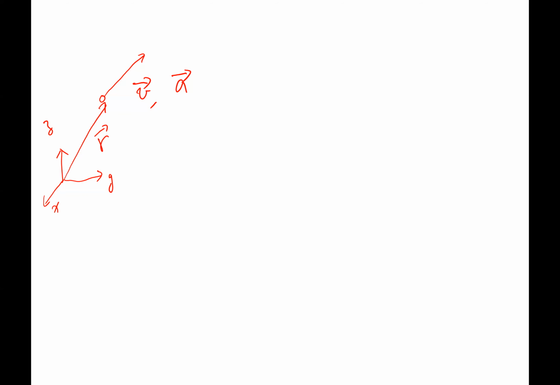From Newton's second law, we know that the mass of the electron multiplied by acceleration, which is the second order derivative of r with respect to time, is equal to the net force acting on this electron. If we integrate this, we should be able to find the velocity.